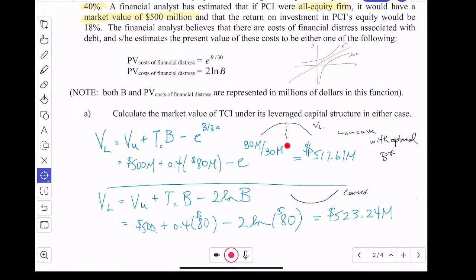In this one, you'll be able to use calculus to find where B is optimal, but in this one, it looks like the more and more debt issued, the value of the firm just goes up. So the optimum debt is all debt again. This would not give us the same result as this.